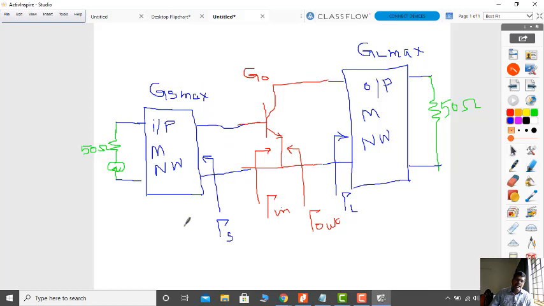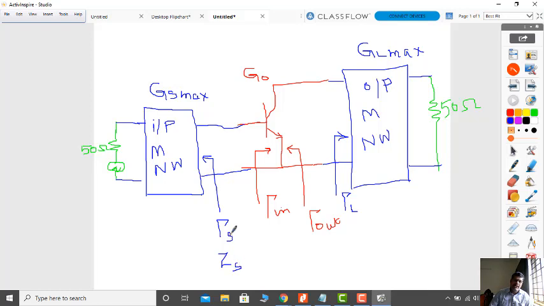Then we have to draw the constant gain circles, one for the input side and another for the output side. Then we transform the 50 ohm into the corresponding source impedance ZS.